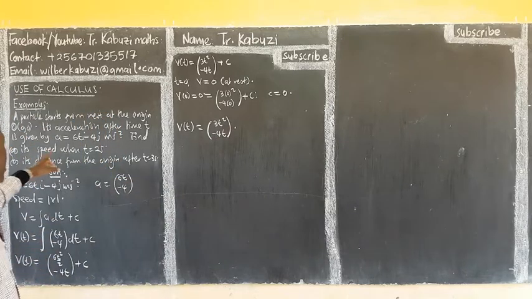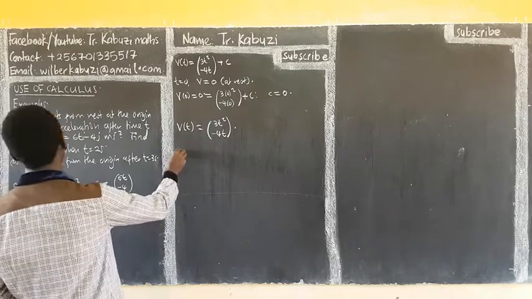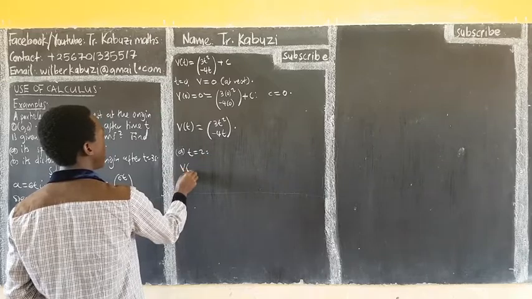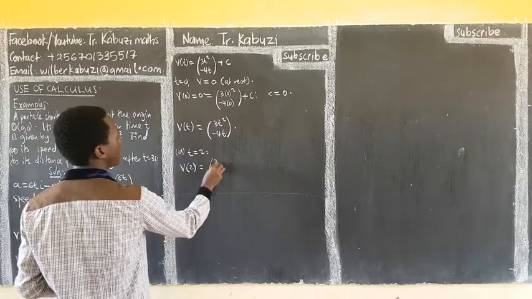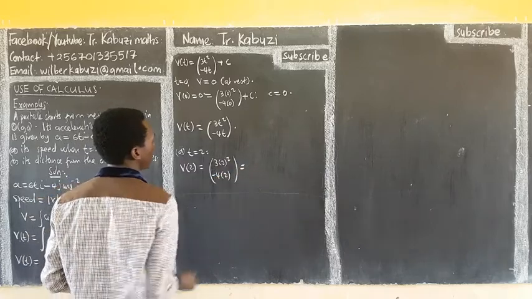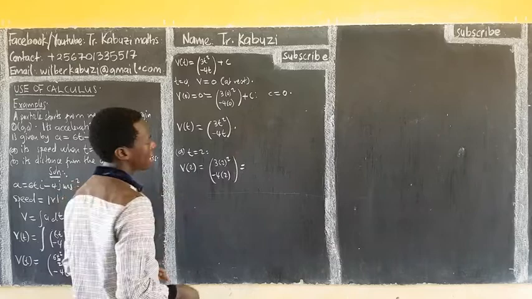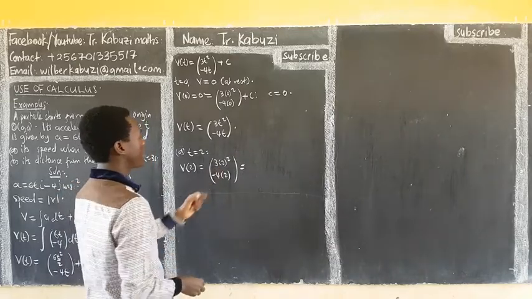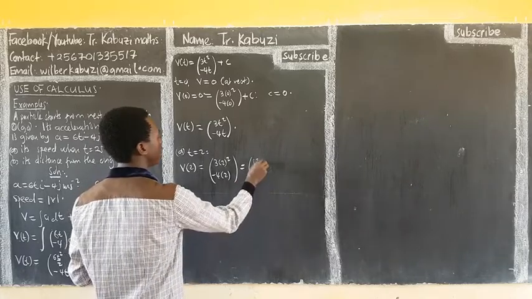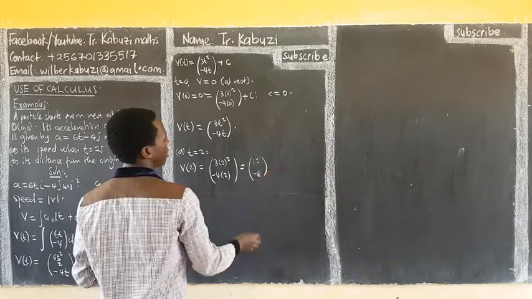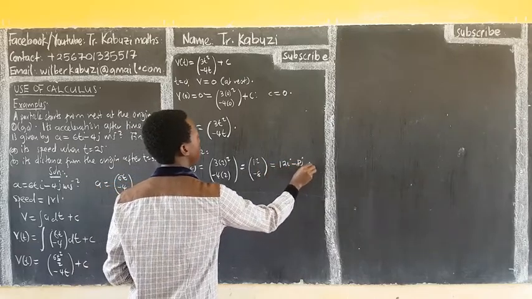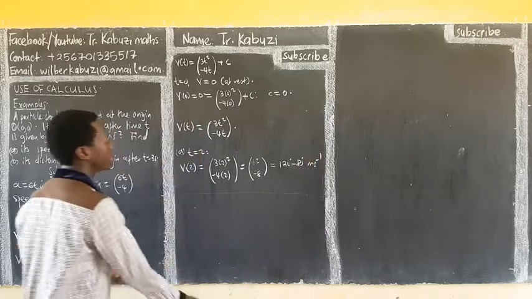Now they want us to get the speed when t is 2. When t is 2, we can get our v(2) as 3 into 2 squared, then negative 4 into 2, which will give us, of course, meters per second. This will give us 4 times 3, which is 12, then this will give us negative 8, which we can write as 12i minus 8j meters per second, because that's velocity.